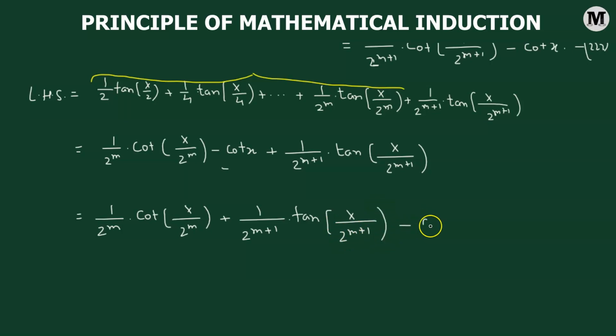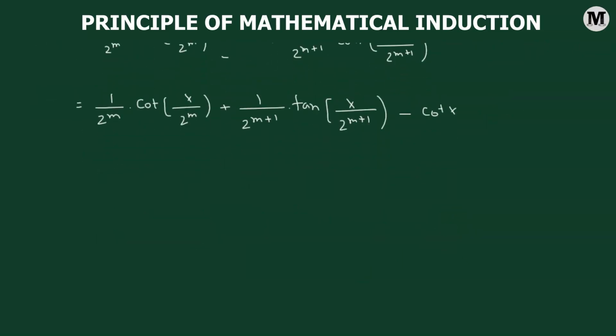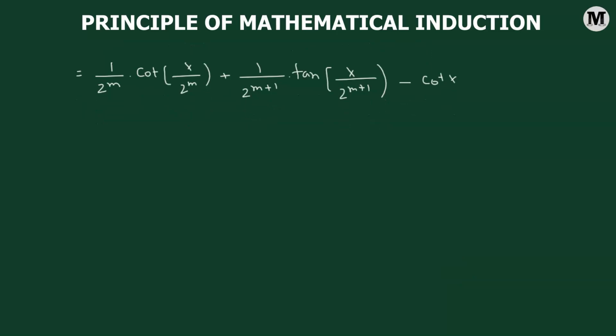Fine. And we have negative cotangent of x. Now we know that cotangent function is the reciprocal of the tangent function. So we'll take the reciprocal of the cotangent in the first term and convert it to a tangent function such that we get 1 divided by 2 raised to the power of m multiplied with tangent of x over 2 raised to the power of m. Fine. And then we have the rest of the terms.